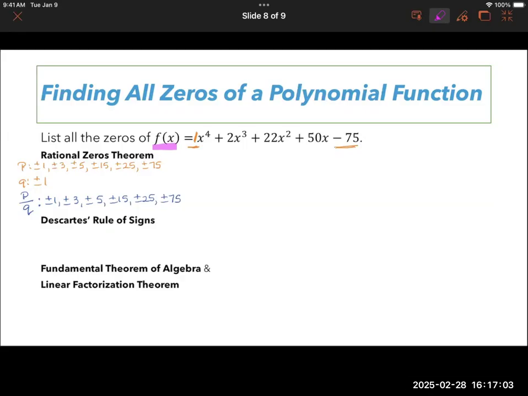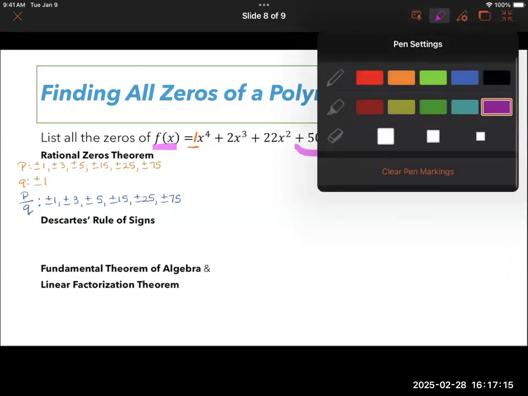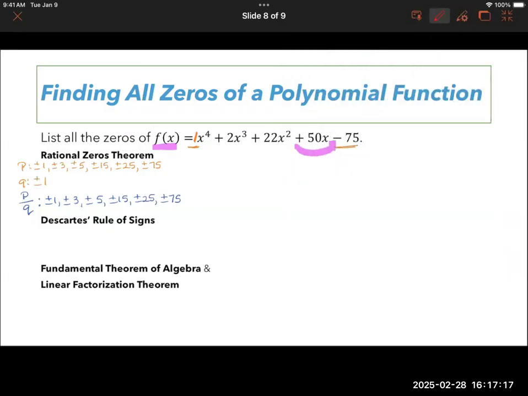We're still positive for the x cubed term, still positive for the x squared term, positive for the x term, but we do have a change right here from positive to negative. So that means we're going to have one possible positive real zero, since there was just one sign change.